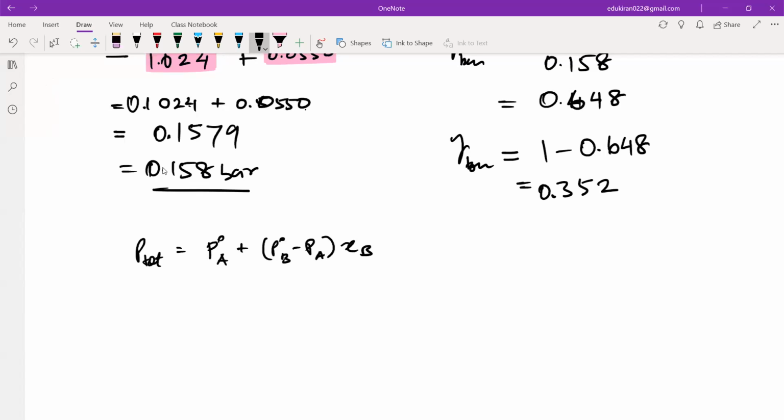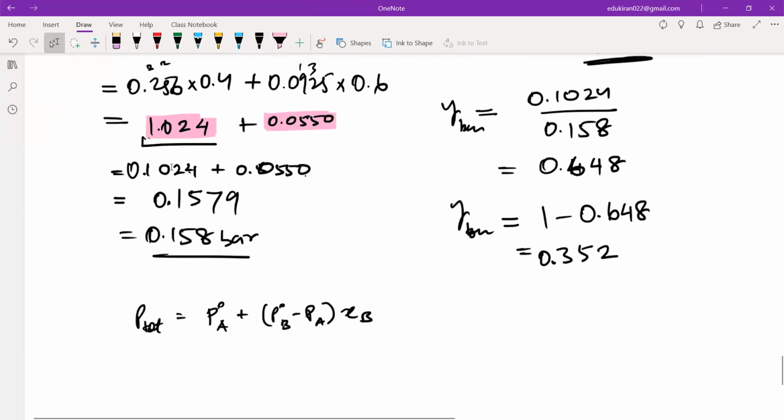Yes or no? Yes, sir. है ना? इसमें आप ये देखिए, ये वैल्यूज नहीं आएंगी ना, 1.024 और 0.550, जो कि आपका क्या है? This is the pressure due to benzene and this is the pressure due to toluene. Yes, sir. ठीक है.